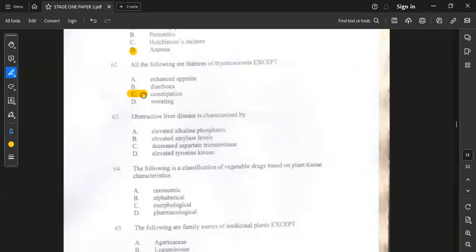Also, what else can you give? You can also give Lugol solution that will inhibit the iodination of tyrosine and thyroid hormone release.